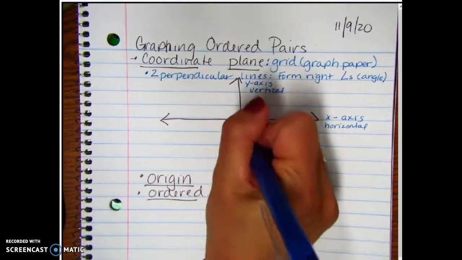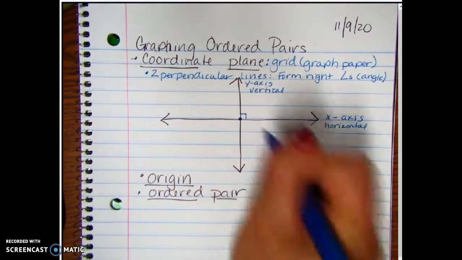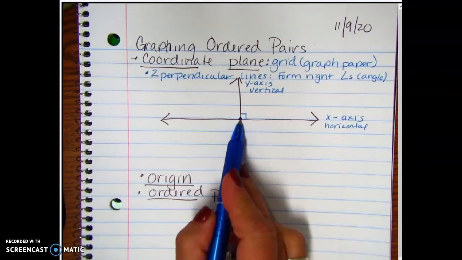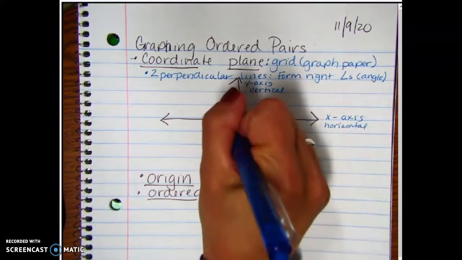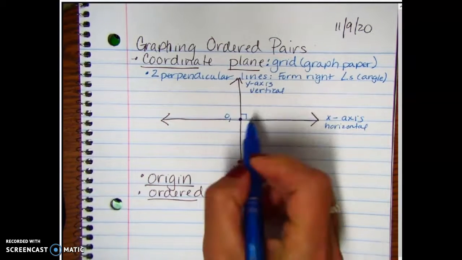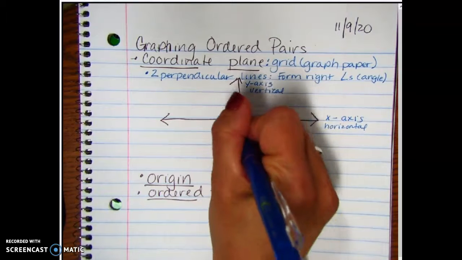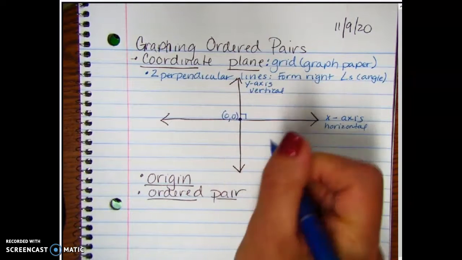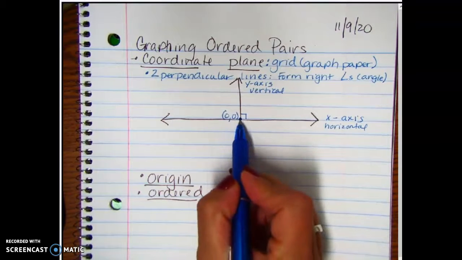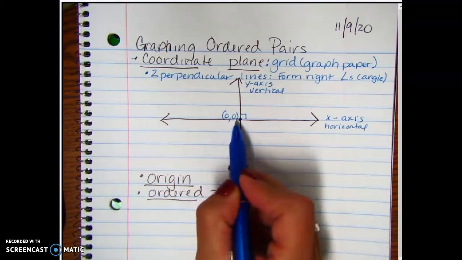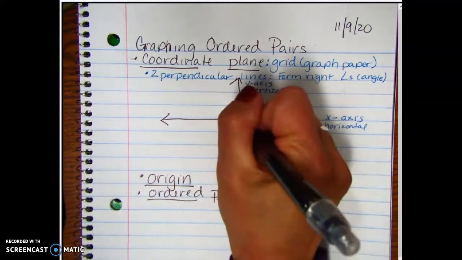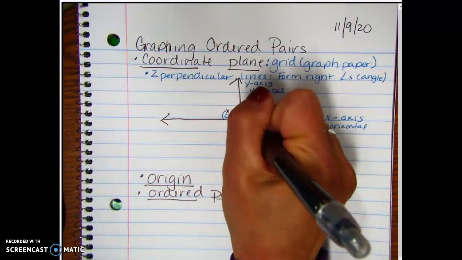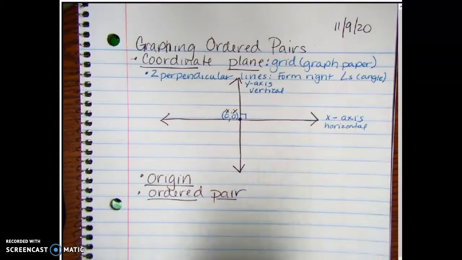Now, I did say right here we'd make this 0. So on our x-axis, it's 0, and on our y-axis, it's 0. So we have a point 0, 0 going across and going up and down. I said x first because, you know, in the alphabet, you have x, then you have y.